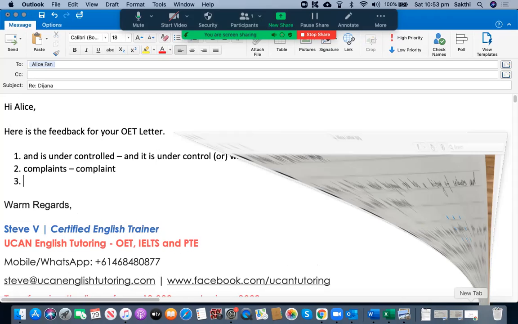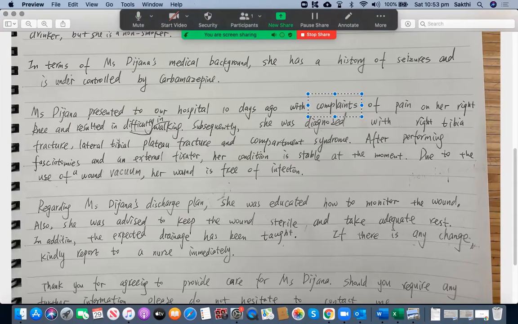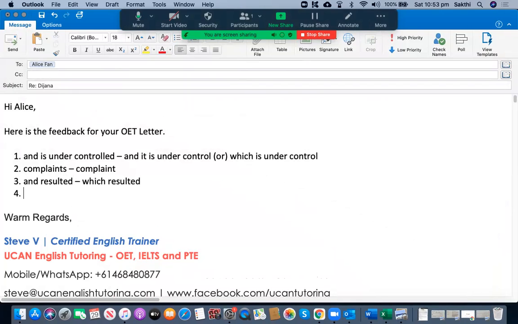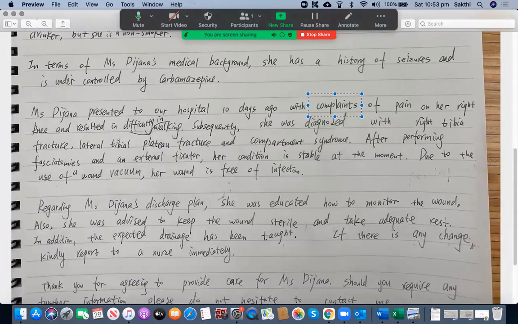So that's wrong. She presented with a complaint of pain on her right knee and resulted in difficulty in walking. Instead of writing and resulted, you should have mentioned which resulted. So you should have mentioned which resulted in difficulty in walking.